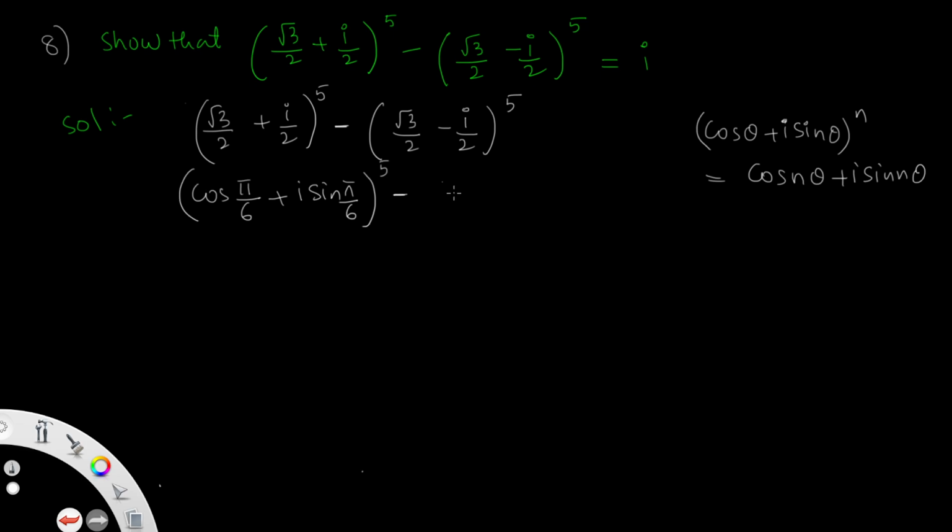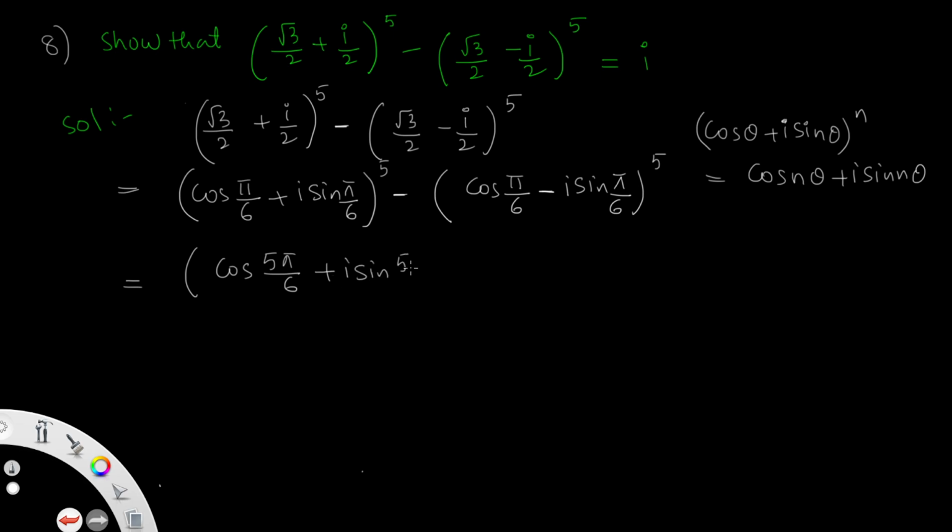In a similar way this is also (cos pi by 6 − i sin pi by 6)^5. As per De Moivre's, the power goes inside with the angle, so that is cos 5 pi by 6 + i sin 5 pi by 6 minus (cos 5 pi by 6 − i sin 5 pi by 6).